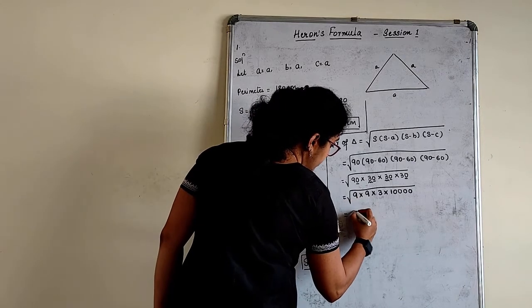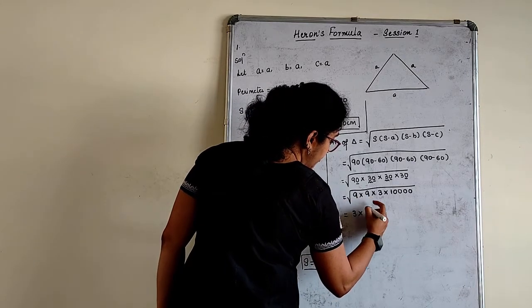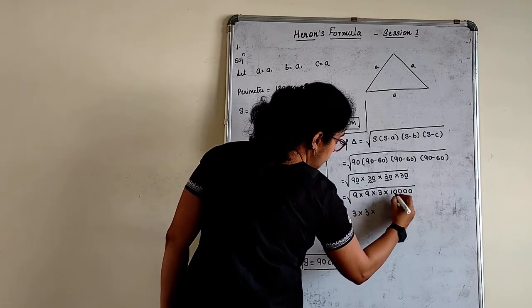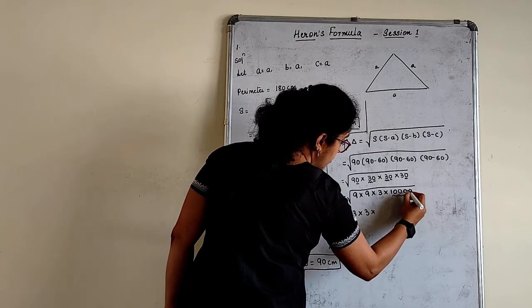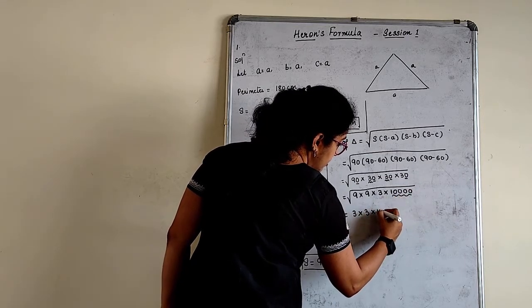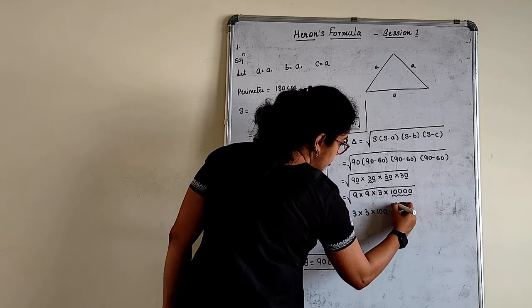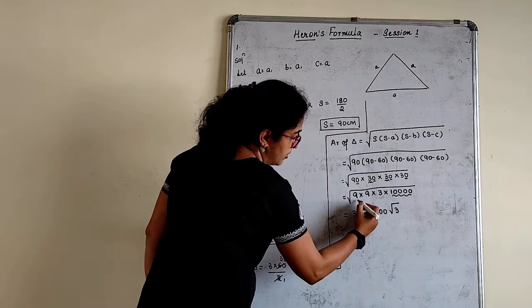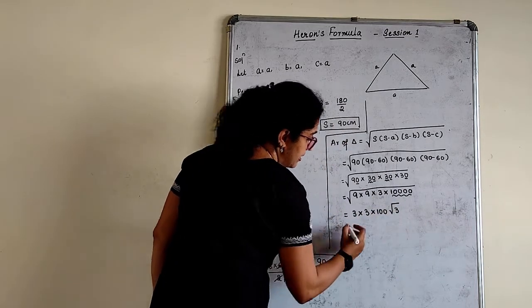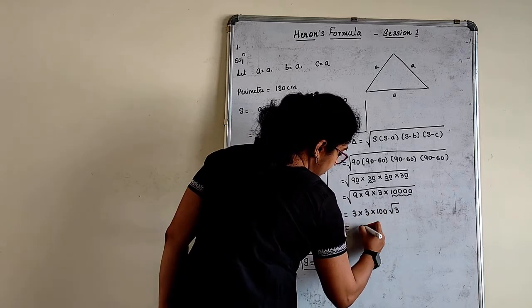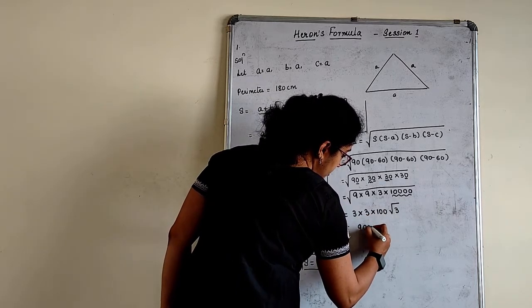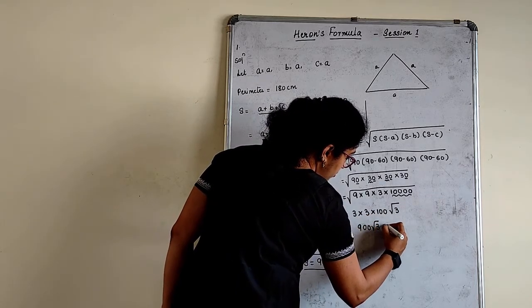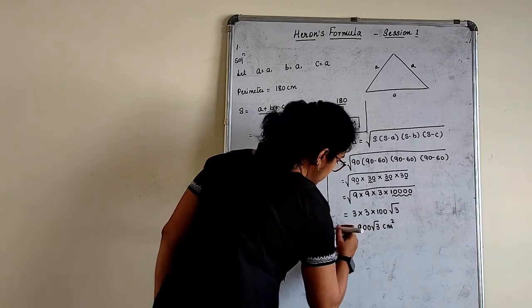Square root of 9 is 3, into square root of this, 4 zeros are there, so it is 2 zeros. Root 3. This 9, this 3 as it is. 3 3s are 9. 9 into 100. 900 root 3 centimeter square.